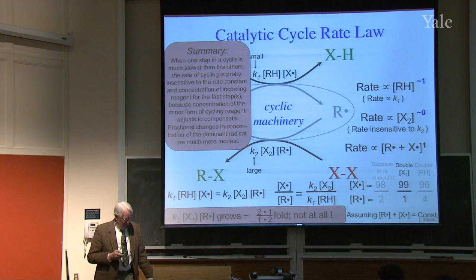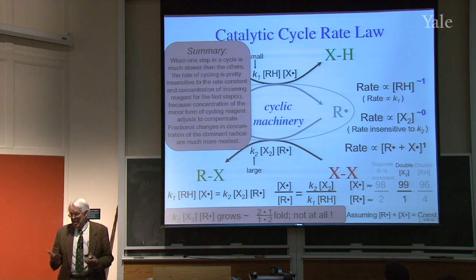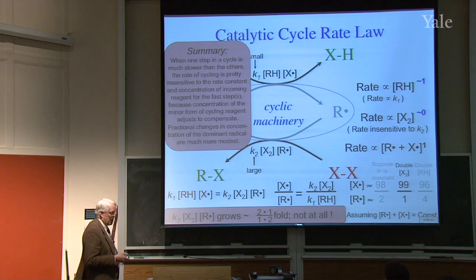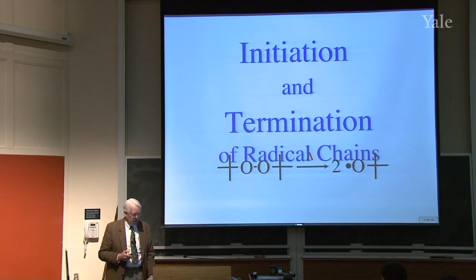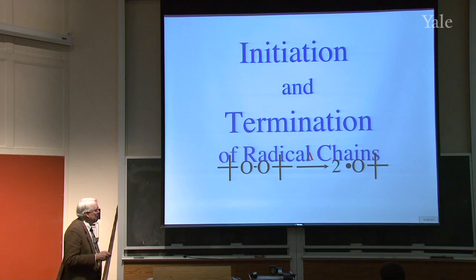So the rate's obviously going to be proportional to the amount of radical. No surprise that if you're running 13 machines, it's going to be 13 times faster than running just one machine. But that's the other factor that we were going to get to a few minutes ago, that we're going to have initiation and termination, and in my fancying up the slides, I forgot to animate that properly, sorry.